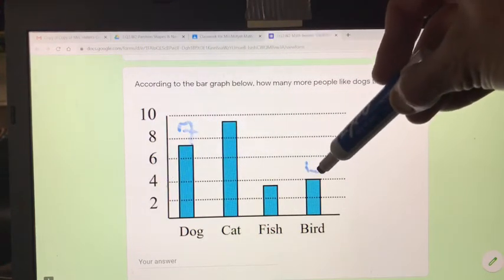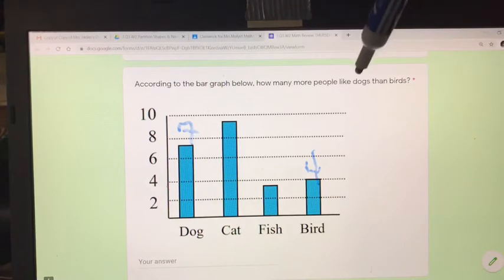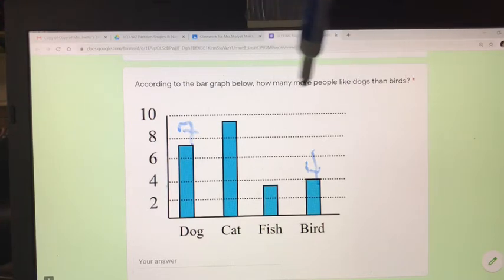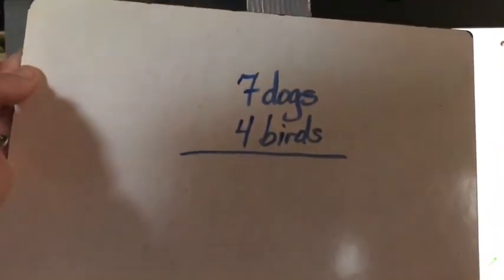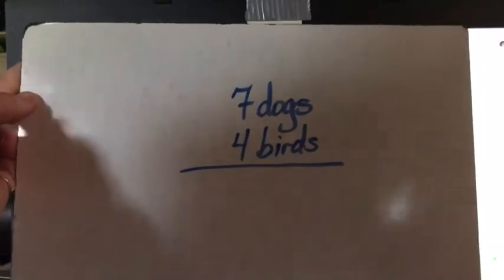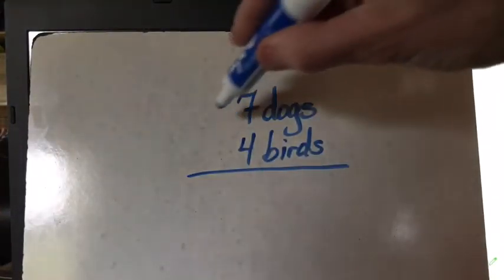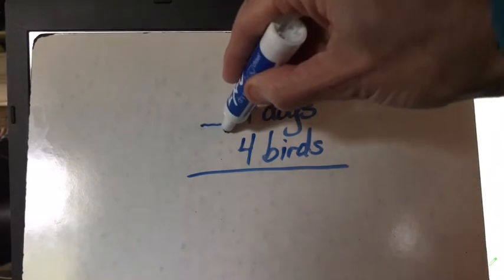All right, so I'm looking at dogs and birds. My key phrase is how many more people like dogs than birds. So how many more? So I'm going to compare the dogs to the birds. So 7 like dogs, 4 like birds. So I'm going to subtract because I'm finding how many more.